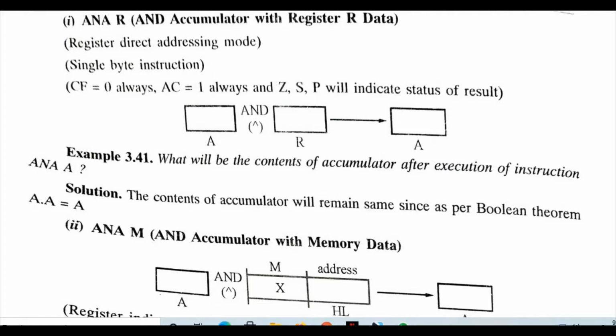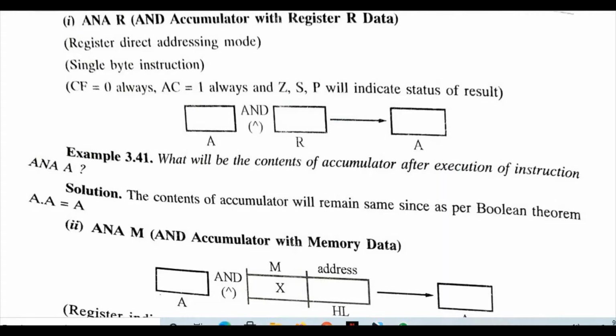The different logical operations are ANDing, ORing, XORing, ones complement, and rotating the data towards left and right using carry or without carry. So to perform all these logical operations in the 8085 microprocessor, we have logical instructions. So let us start with these logical instructions.